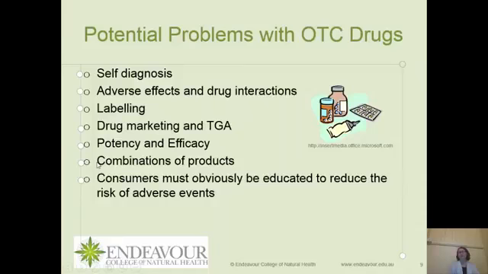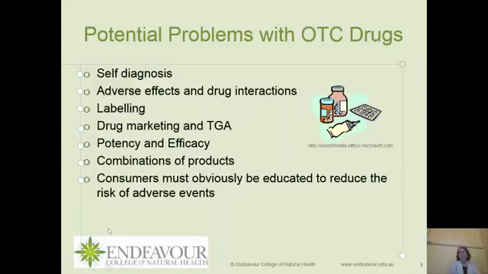So this idea of over-the-counter meds coming in as combination products means that there's a greater risk for adverse effects and drug interactions, because now your client is taking a mixture of substances. So once again, you need to know how to access literature and information about combination products so that you can see if there might be any individual ingredient. Is it in a dose that might be seriously interacting with a herbal medication that you may wish to prescribe?